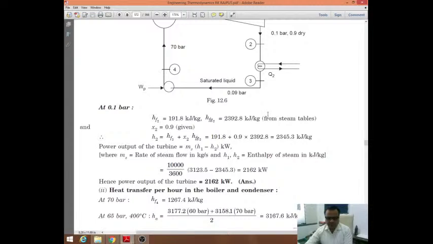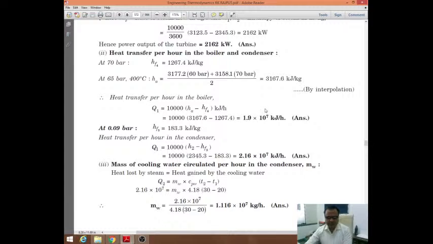Okay, so we need to find out the enthalpies of the respective points, and here it is done at 70 bar pressure, that is when it is entering into the boiler, the value of hf4 is 1267.4, and at 65 bar and 400 degrees Celsius, when it is coming out from the boiler, the enthalpy can be calculated once again by using interpolation, and this gives us the result equal to 3167.6.